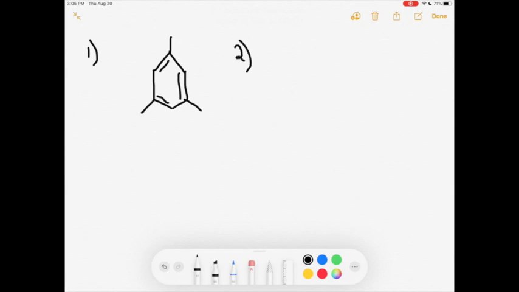Okay, number 2. We have nitrobenzene. Okay, so I'm going to draw benzene. And remember, nitro is NO2. And it doesn't matter which carbon I attach it to because it's always going to be 1 since there's no number prefix on there in the name. So I can put it wherever I want. Okay, number 3, 2,4-dibromophenol.